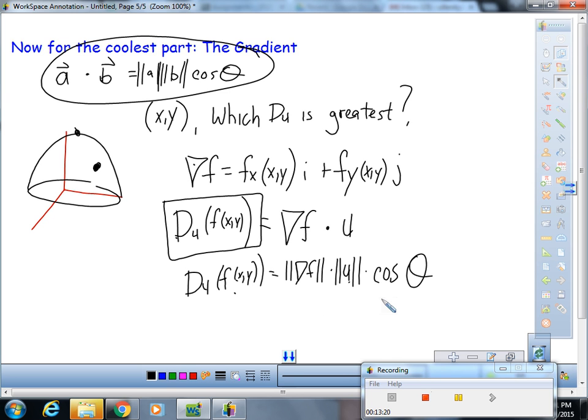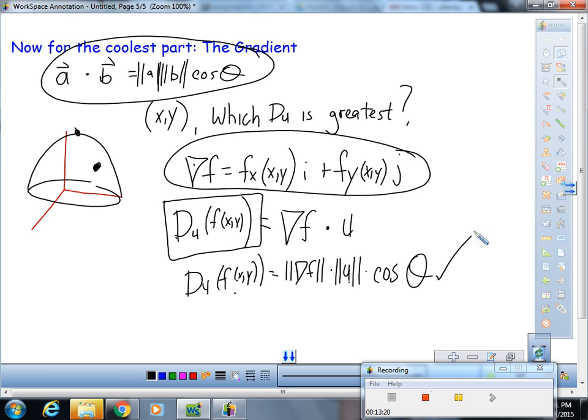So, as it ends up, the answer to this little question is just the gradient. Meaning, if we find the gradient of any function, and we pop in any single point on a surface into the gradient, the resultant vector points us, because of this fact, to the direction of greatest increase.